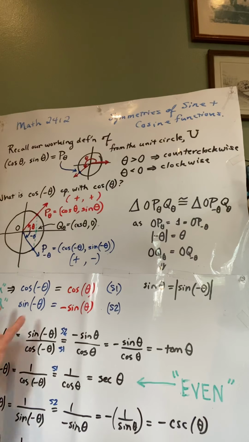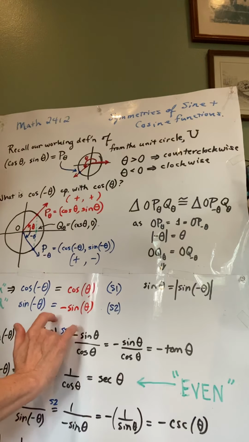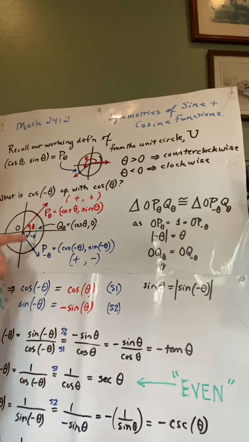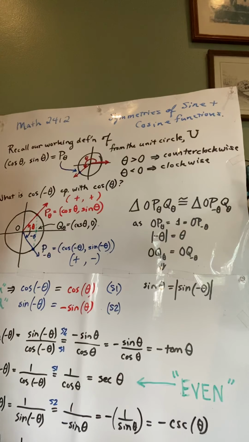All right, so the sine of the opposite of theta is equal to the opposite of the length of that segment. The length of that segment is the sine of theta. So therefore, in this drawing, where p sub theta is in quadrant 1, p sub minus theta is in quadrant 4, we have these two relations. Symmetry 1 is that the cosine of the opposite of the angle is the cosine of the angle.